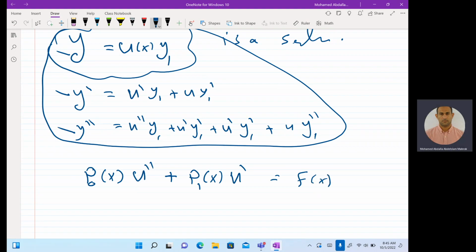You must reach this point. I mean, by must, I'm saying that the u will always disappear. You will not have c of x, so you will have only some x's times u double dash, and some x's times u dash.